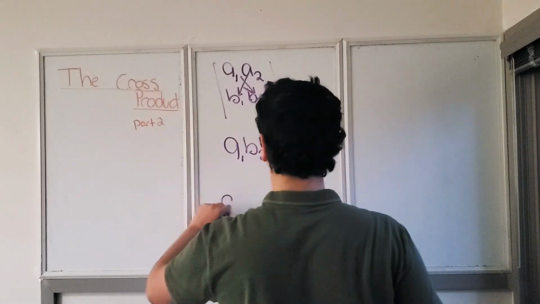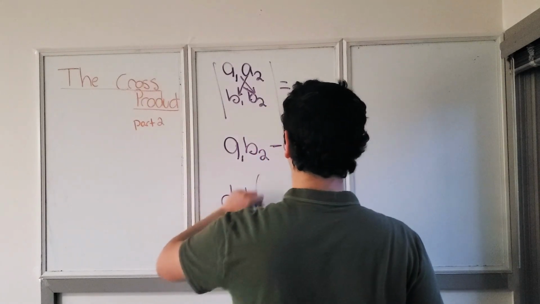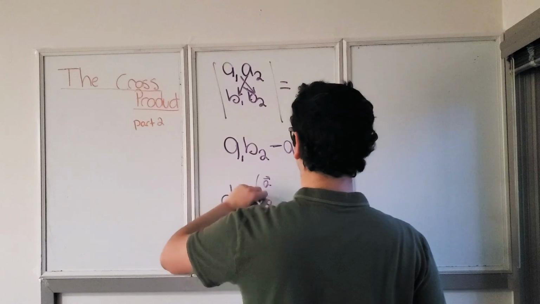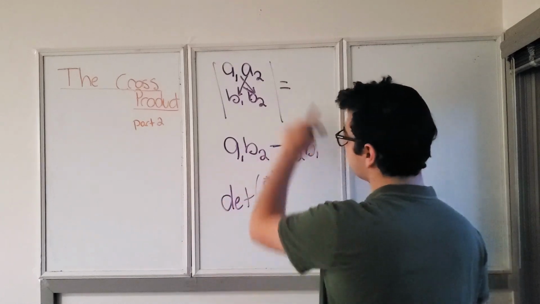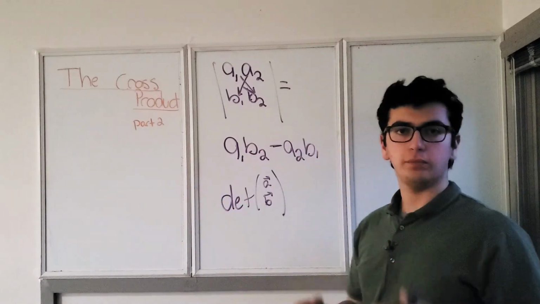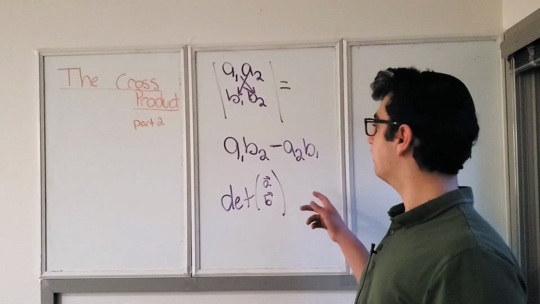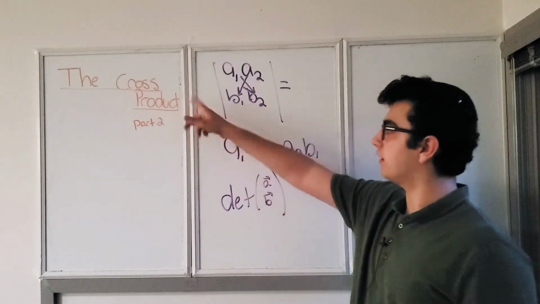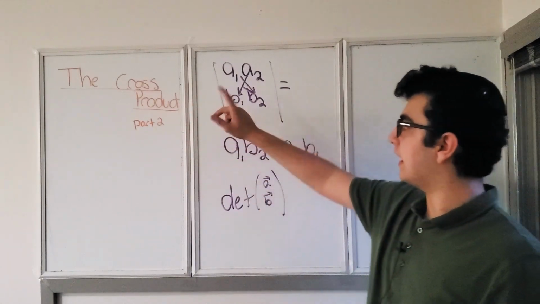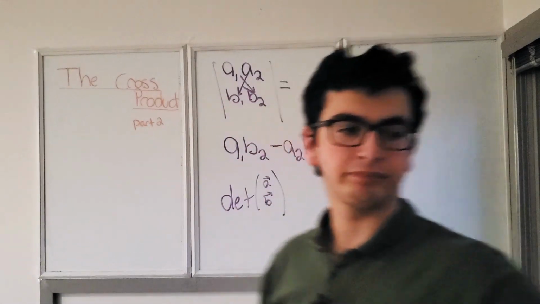And you could also denote this as the determinant of A vector, B vector. It's important to notice that the answer to the determinant is not a matrix, is not a vector, unlike the dot product. The determinant is actually a number.